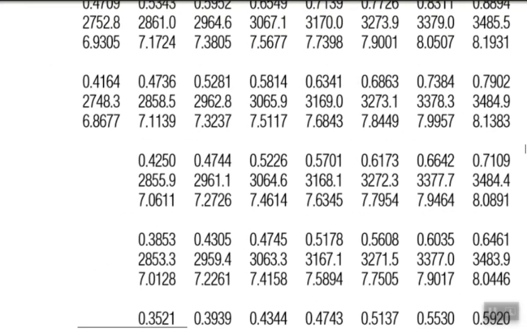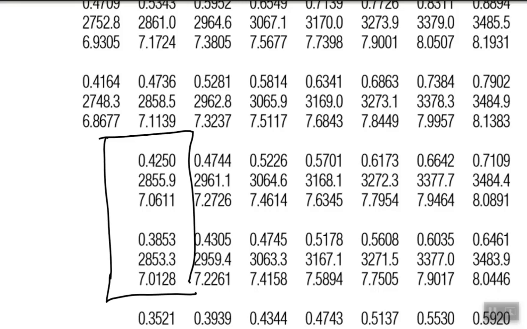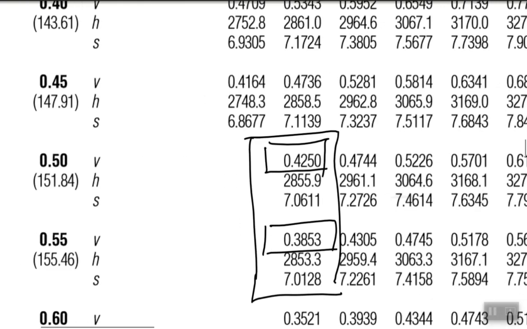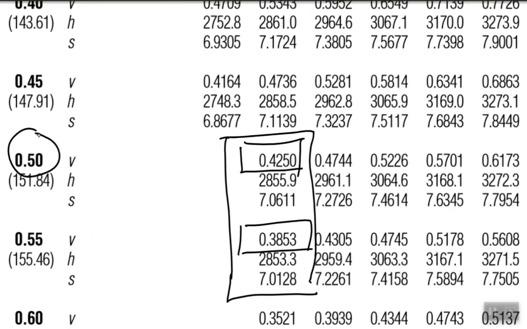You can check at 200 degrees centigrade, we have the condition in which the volume is 0.4250, and another condition in which the volume is 0.3853, corresponding to the pressures of 0.5 megapascal and 0.55.